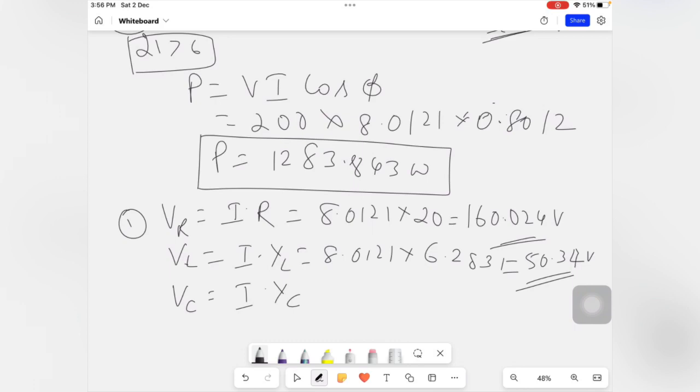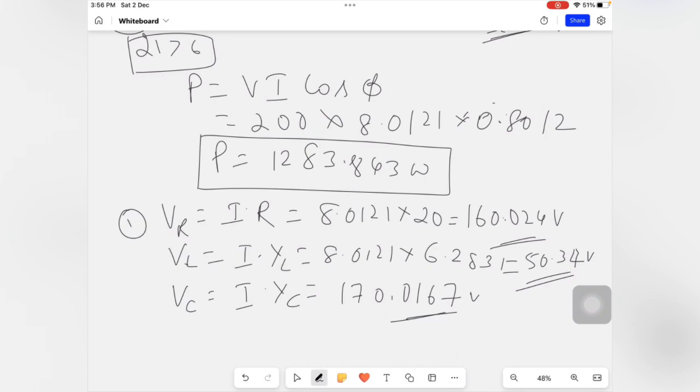Similarly, what is the drop across capacitor? I into XC. So substitute I and XC value. So you will get around a drop of 170.0167 volts. Now you have to draw the phasor diagram.